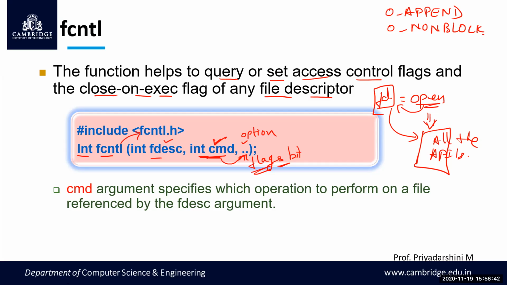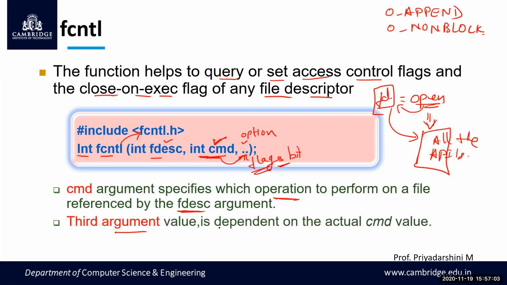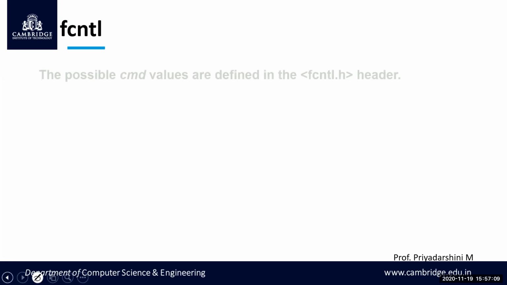The second argument, the command argument, specifies which operation to perform on the file referenced by the file descriptor argument. And the third argument value is dependent on the actual command value. So we will check these two in detail.